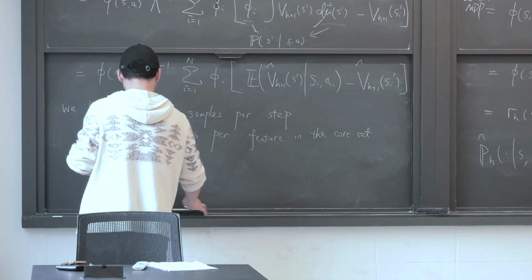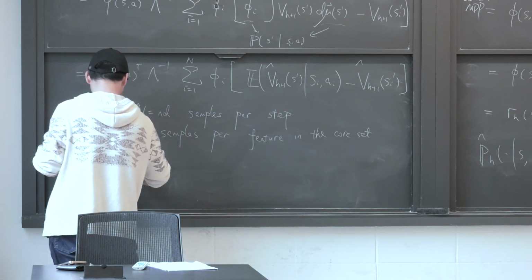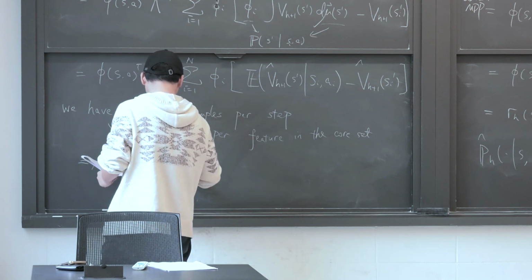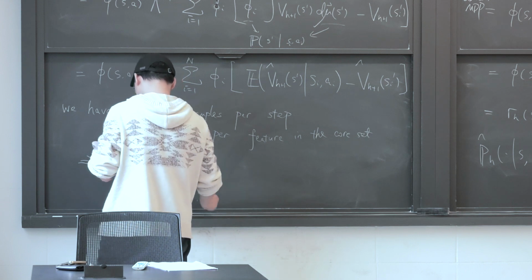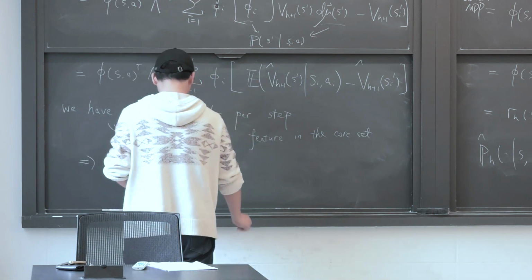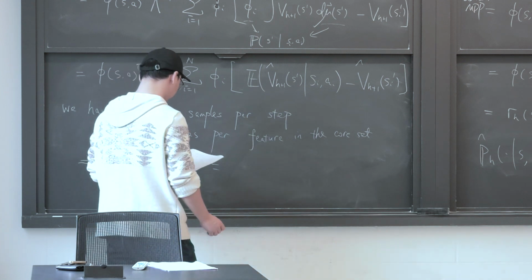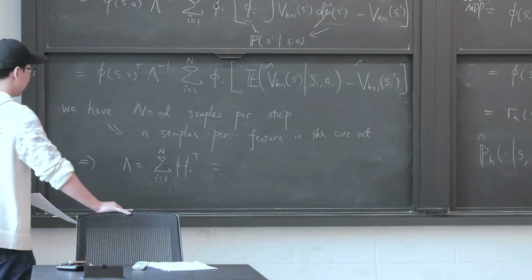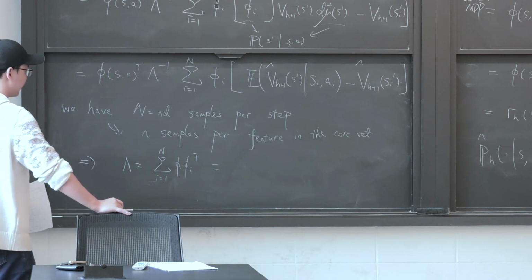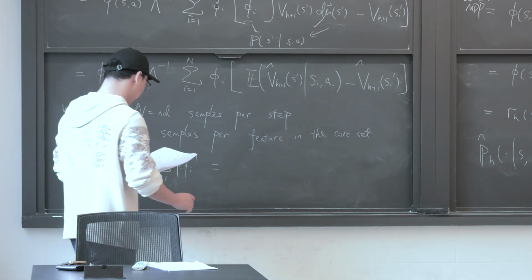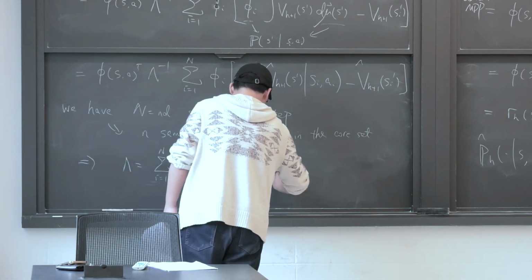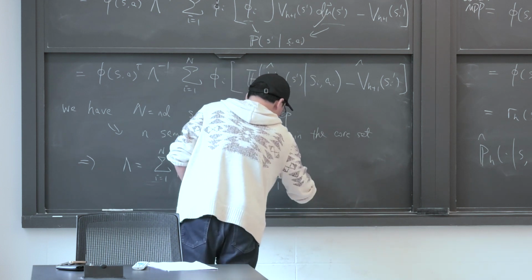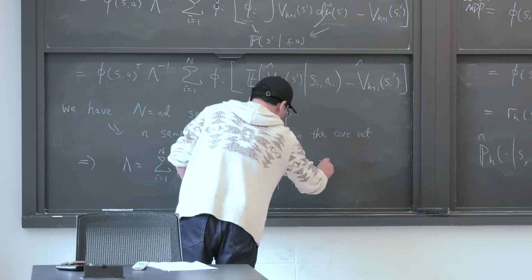So this tells us that this lambda matrix, which is equal to the summation i from 1 to n of phi_i phi_i transpose, is also equal to, because we only query the core set, and we query each feature in the core set n times, n copies of the summation j from 1 to d of psi_j psi_j transpose.